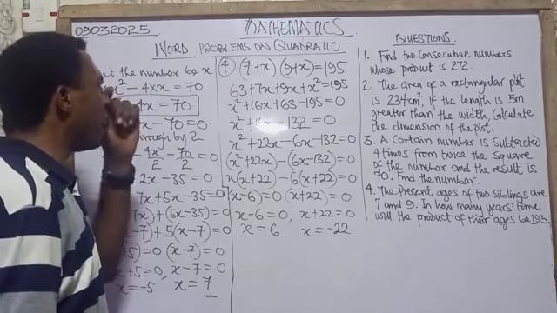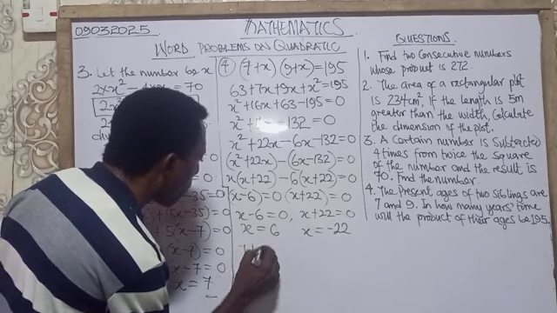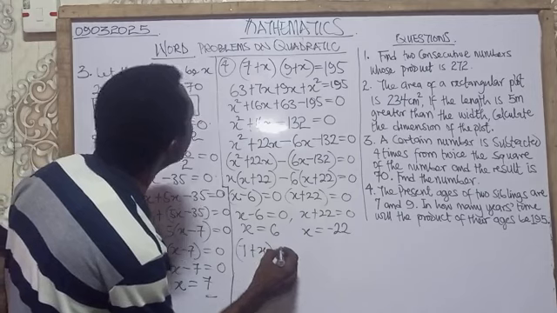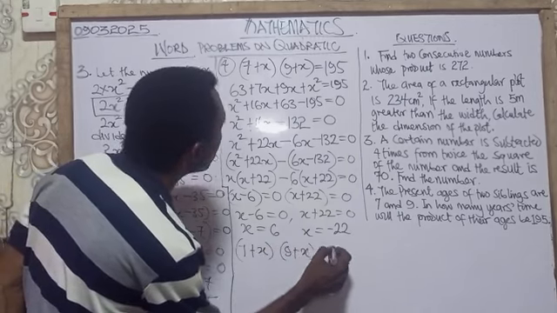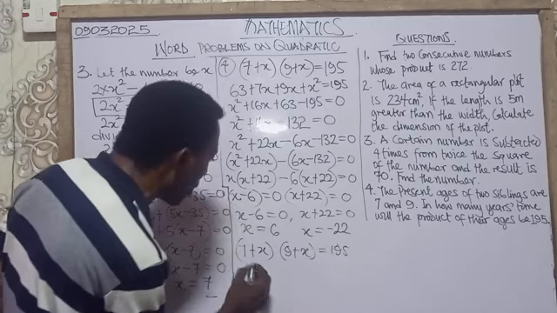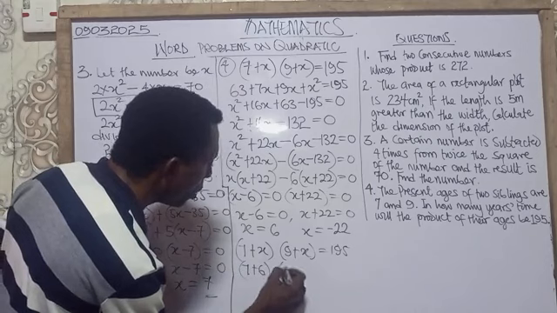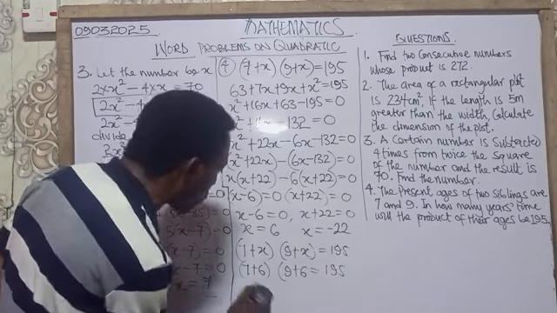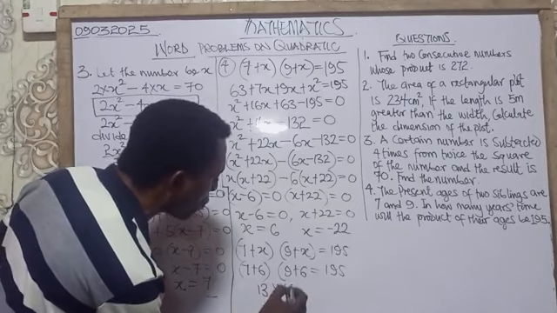And if you want to check this, let's go by saying 7 plus x into 9 plus x equals 195. So we have 7 plus 6, 9 plus 6 is equal to 195. So we have 13 multiplied by 15.